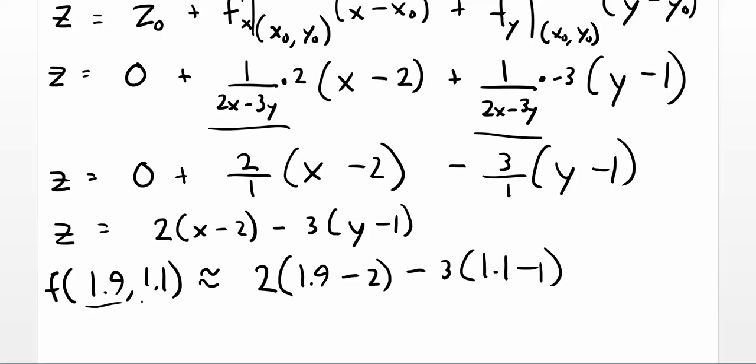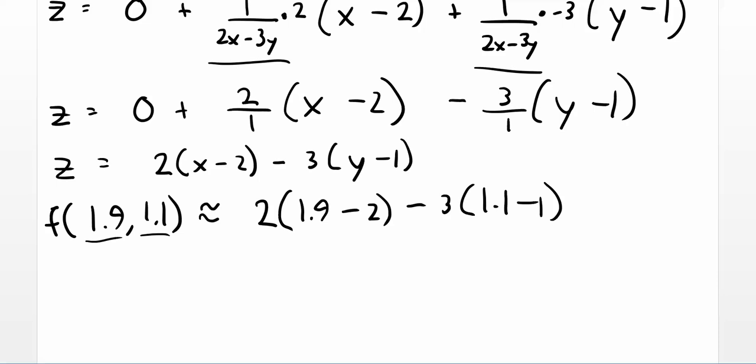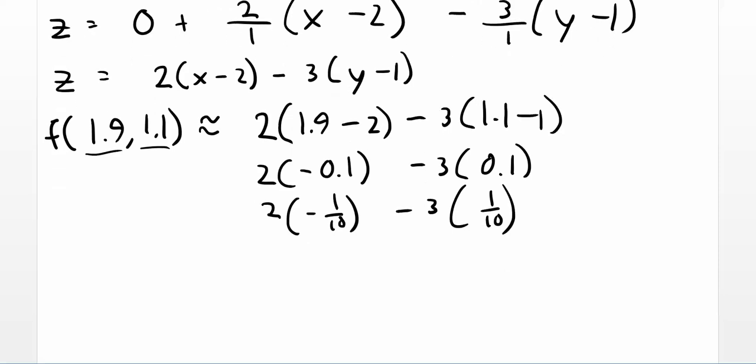We're just taking these numbers and plugging them into our tangent plane, and then we'll simplify this. 1.9 minus 2 is negative 0.1, and 1.1 minus 1 is 0.1. This is 2 times negative 1/10 minus 3 times 1/10, which in total becomes negative 5/10.